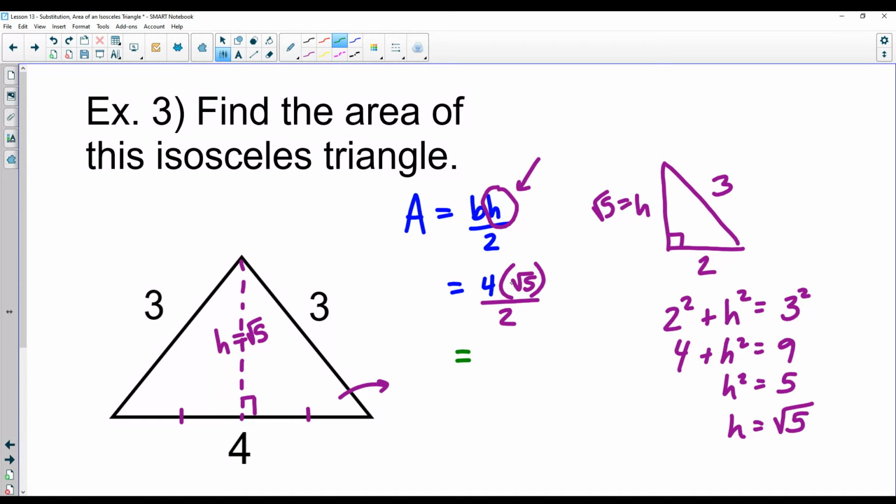Okay, can I cancel anything here in this fraction? So I can cancel the 4 and the 2 because the 4 is outside of the root. Okay, so you can cancel numbers that are outside the roots or numbers that are all inside the roots. So these cancel here. 2 goes into 2 once here, twice here. So the area is 2 root 5. We don't have any units, so we'll just say it's units squared.